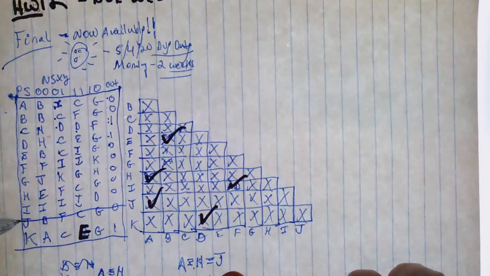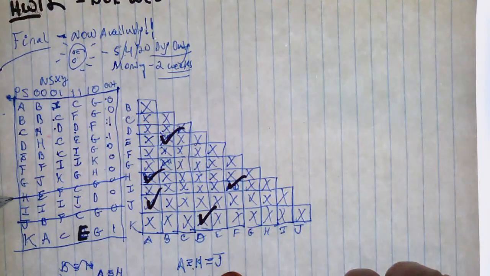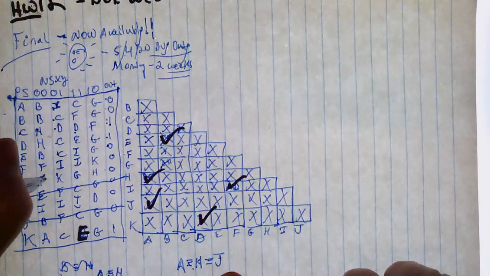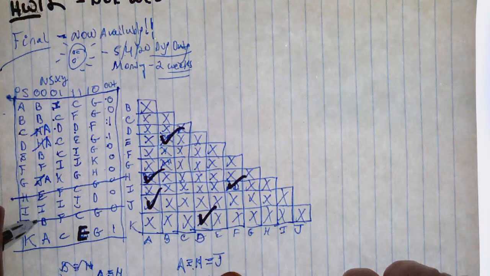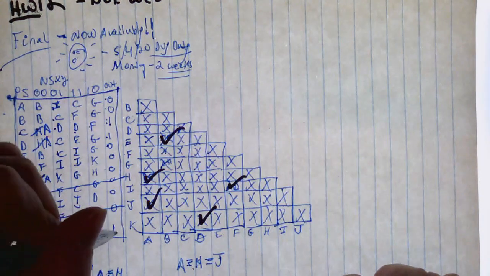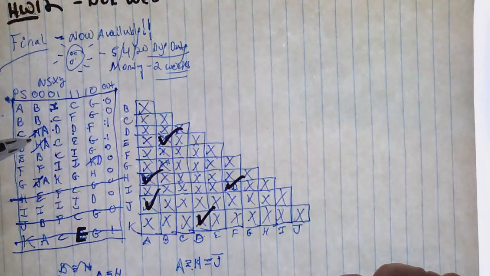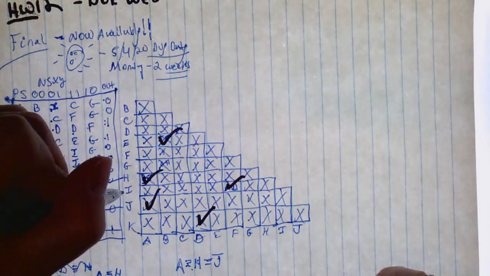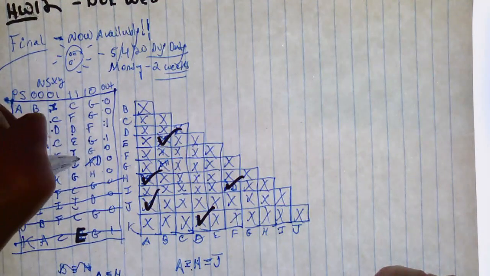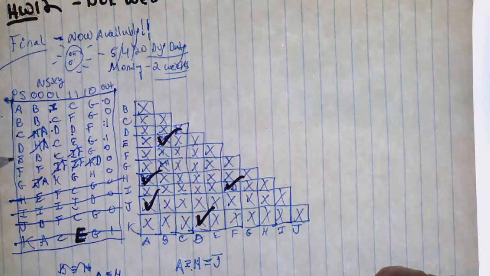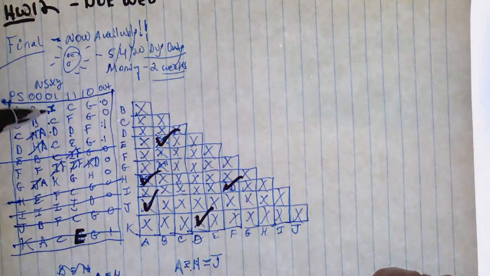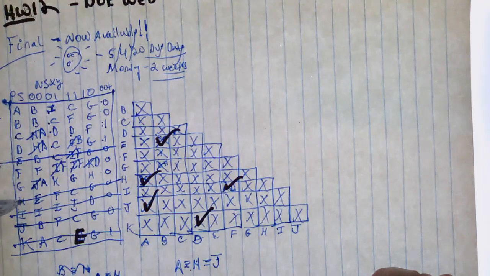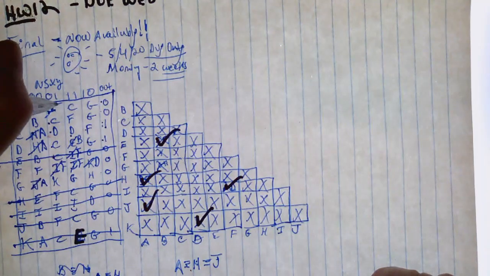J and H are replaced with A. K is replaced with D. I is replaced with F. E is replaced with B. And I think I is replaced with F, so that goes out.